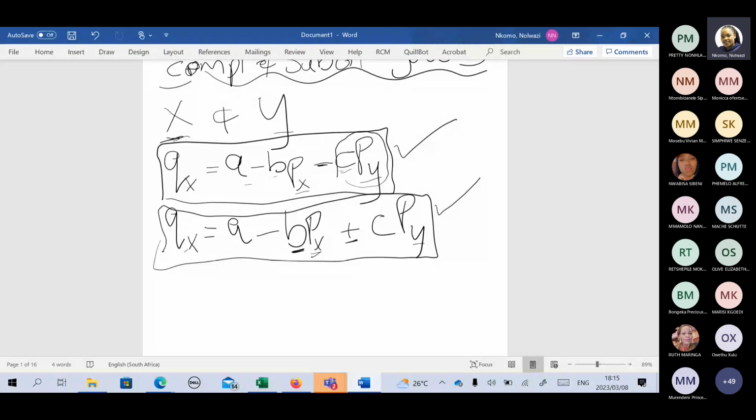Let me explain equation 1 first. This sign means if the price of good Y decreases, the demand for product X will also decrease.